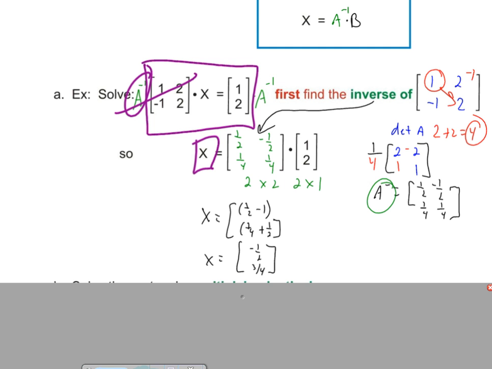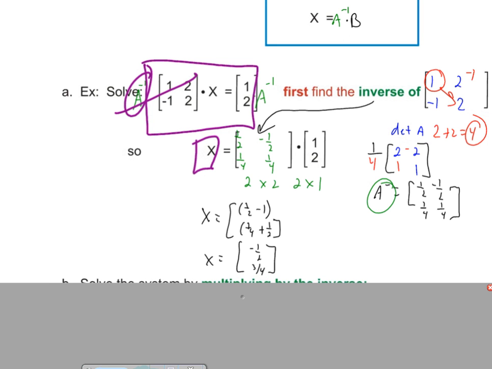So again, you've got to remember, how do I go about getting this inverse? First, you need the system determinant. We did that right there. You've got to remember that the system determinant becomes a multiplier, and it goes on the bottom. It's 1 over that system determinant. It's a scalar multiplier of the resulting matrix.